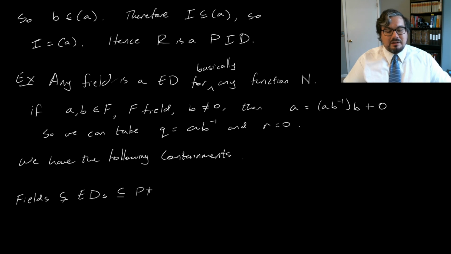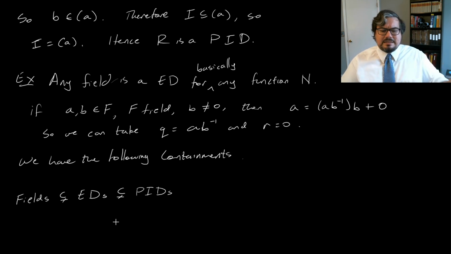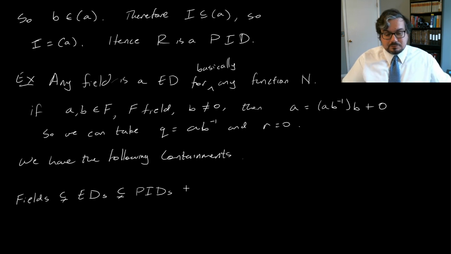Polynomial rings are all principal ideal domains. Now, this containment is strict, but as I said, that construction is a little complex, and it actually took a while from the definitions of these types of rings to show that.